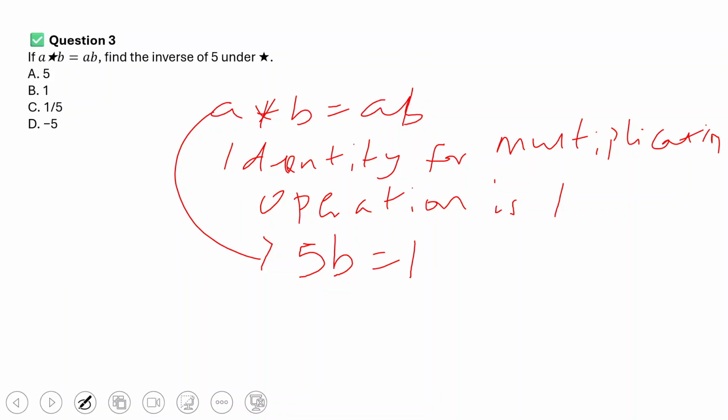So we have the number that we are looking for the inverse of, the value that we're operating on, and the identity. So when we use the formula, b is equal to 1 over 5. So the inverse of 5 is 1 over 5, which is C.